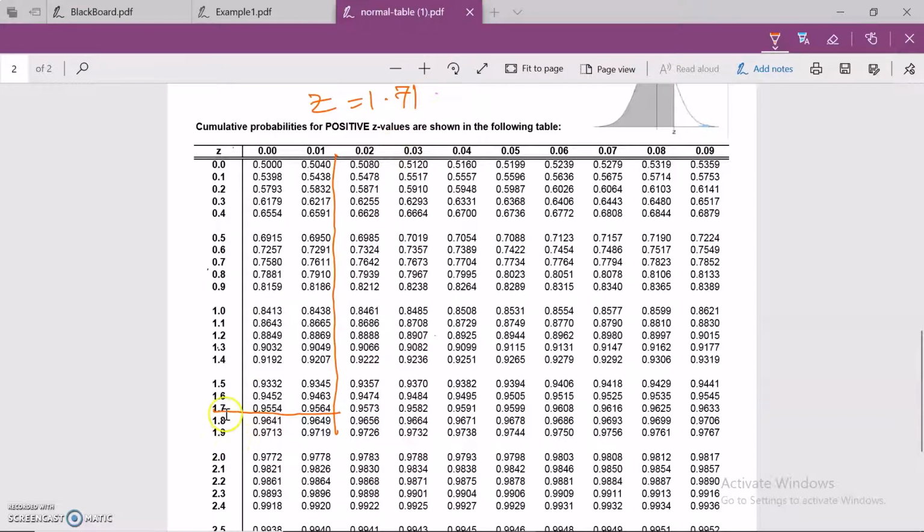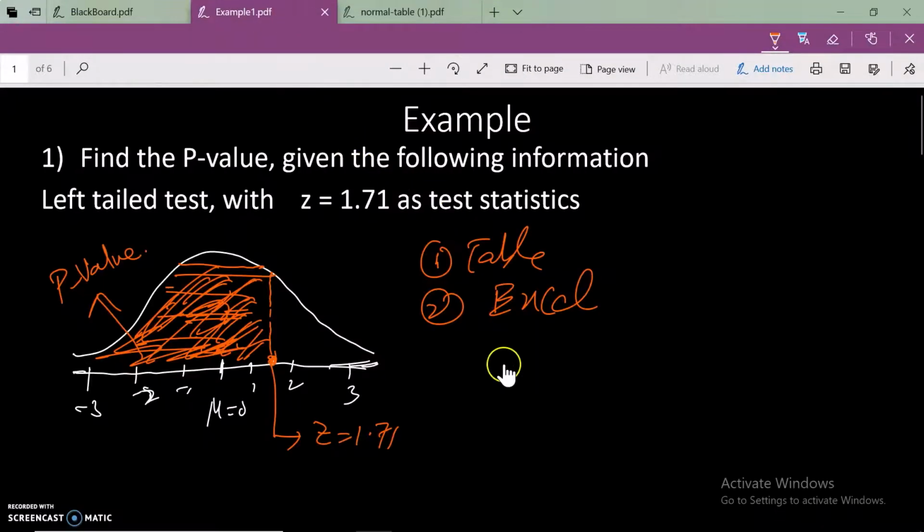So the answer comes out to be 0.9564. So the p-value is 0.9564. That's what we have done by table.